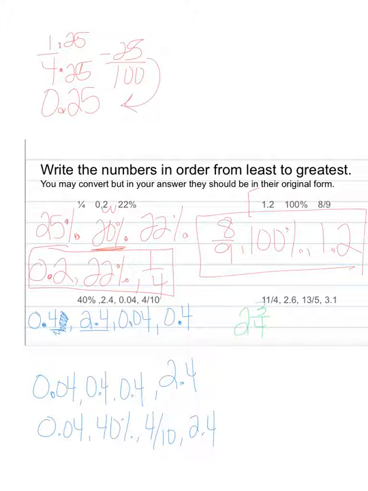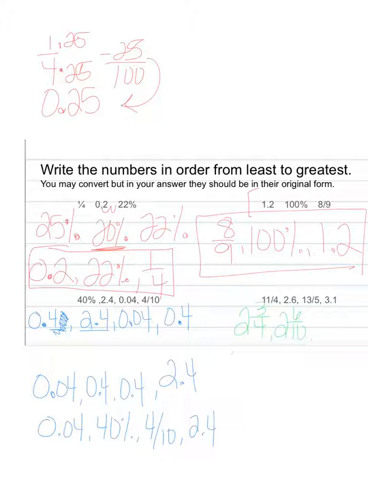So 2 3/4, and I can check it because 4 times 2 plus 3 is 8 plus 3, 11/4. I'm going to erase that though, so it's not confusing. So then we have 2 3/4. Here we have 2 6/10.